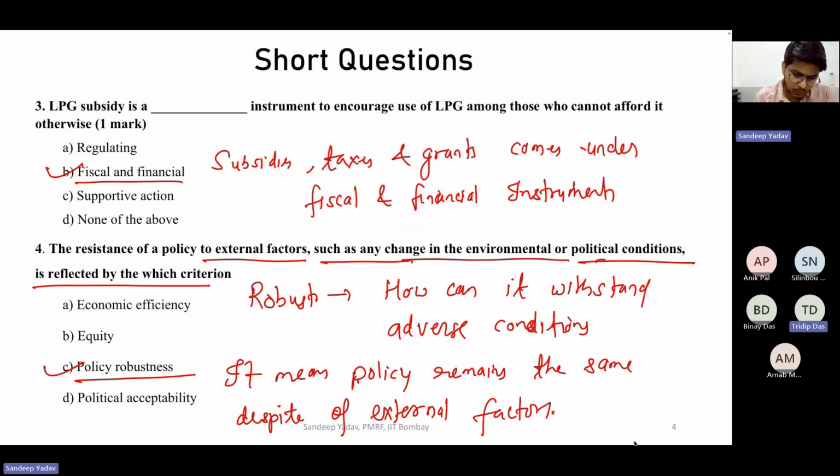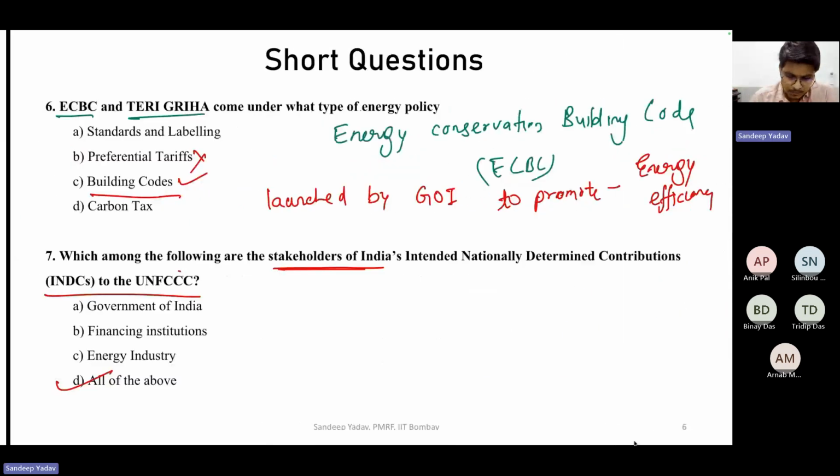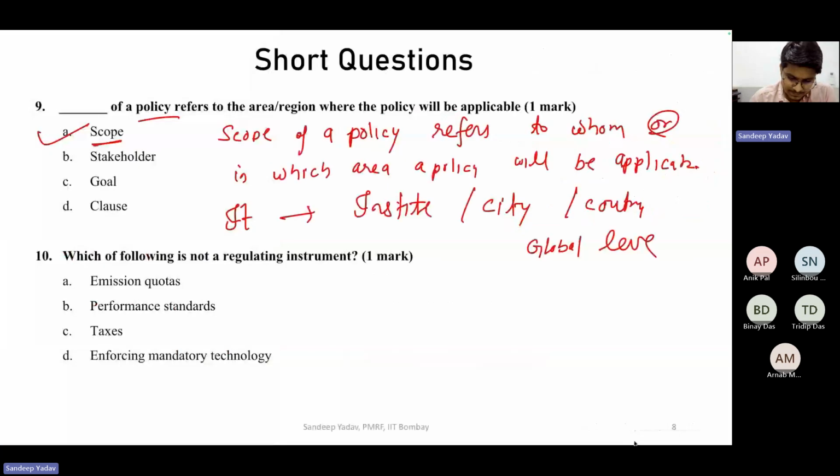Correct. As we have also studied in this example, subsidies, taxes or grants all come under fiscal and financial instruments.